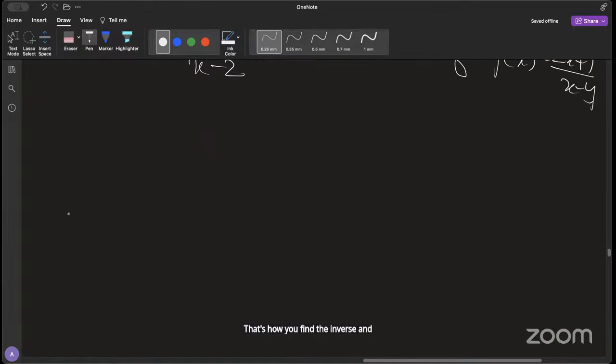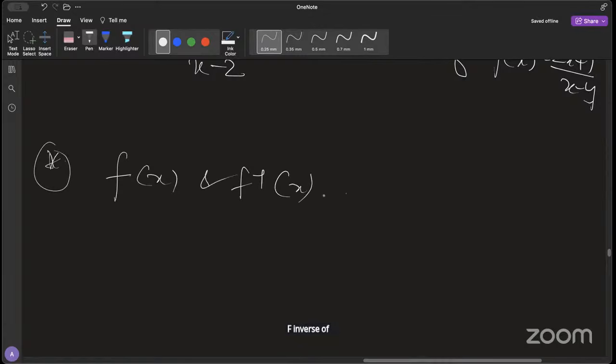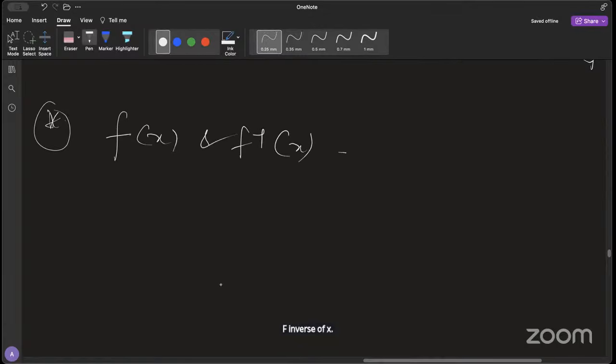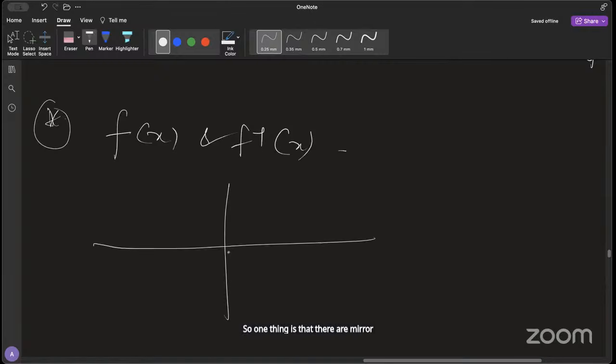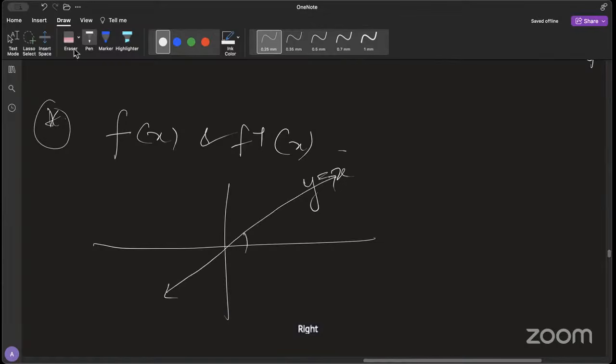And then there are some things about inverse functions. Let's say you have f and then you have the inverse function of f, f inverse of x. So one thing is that they are mirror images of each other when the mirror is placed along the y equals x line. If you have a line here, the y equals x line looks like this, inclination at 45 degrees with the x-axis.